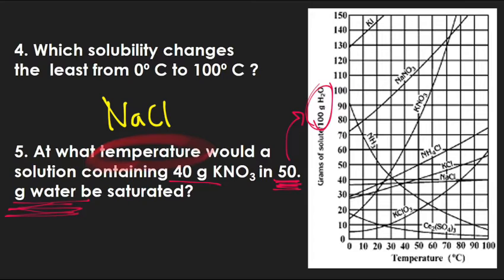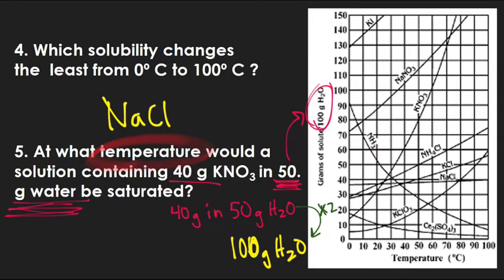But basically, if I'm talking about this solution that is 40 grams in 50 milliliters or grams of H2O, and if I need my information to be about 100 grams of H2O, well, I could make my solution twice as big, and now instead of having 50 grams of water, I would have 100 grams of water. But if I have twice as much of this solution, then I can't just double the water. If I double the amount of water, and I want to be talking about the same kind of solution, that means I'm also going to have to double the amount of my solute.